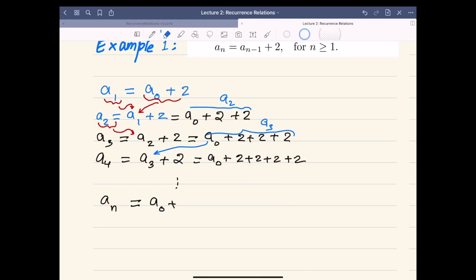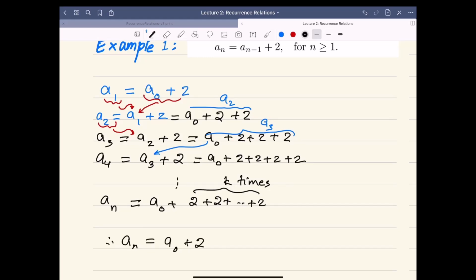We are going to have n 2's. I said k by mistake; it should be n. Because here it is repeated 4 times, 3 times, here it's repeated n times. So an is equal to a0 plus 2n, and this is the solution for the recurrence relation.